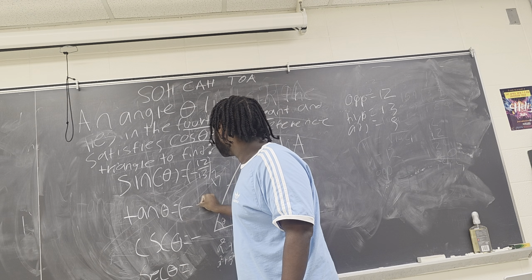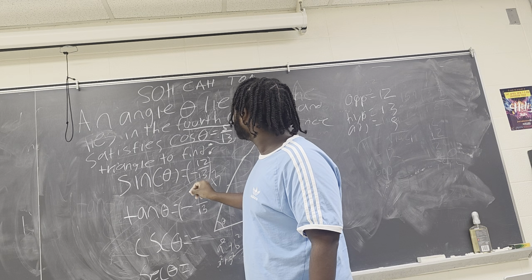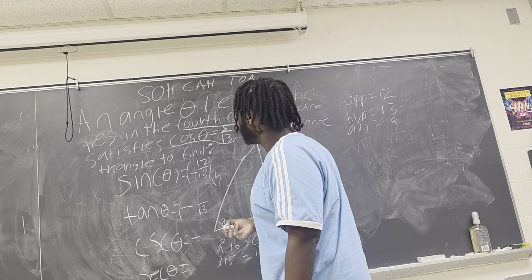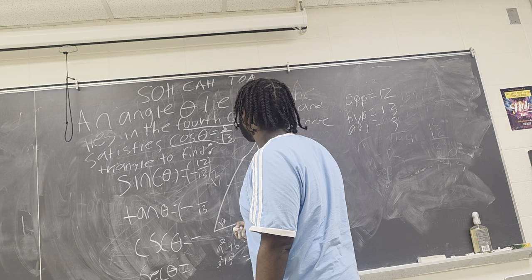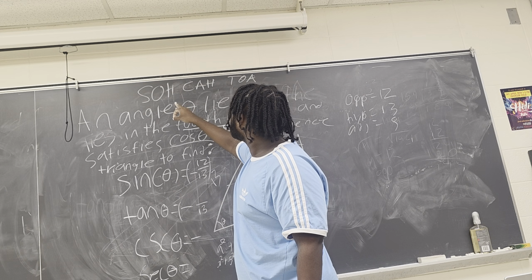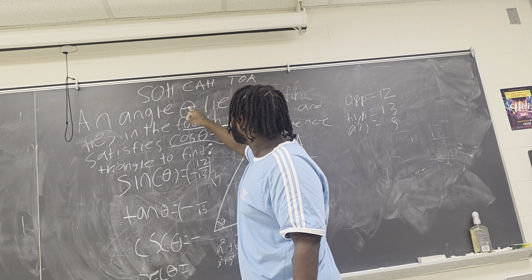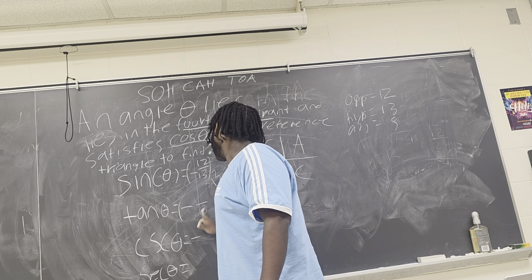And then tan is opposite over hypotenuse. Wait, I did something wrong. Tan is opposite over adjacent. Okay, my bad, I did that wrong.